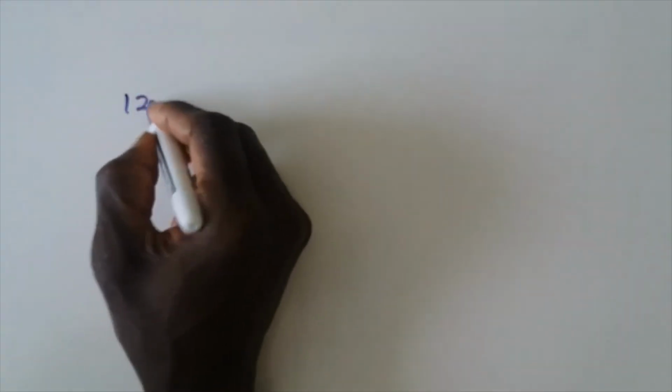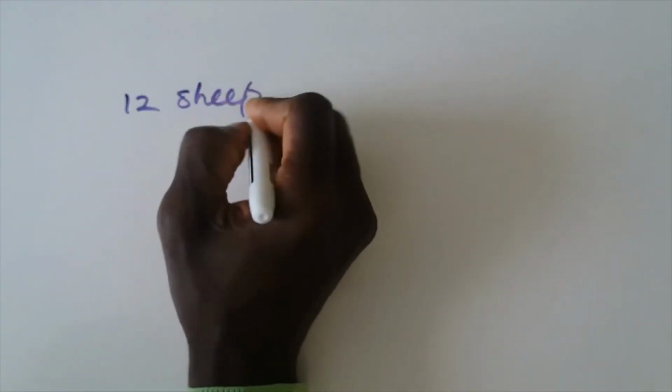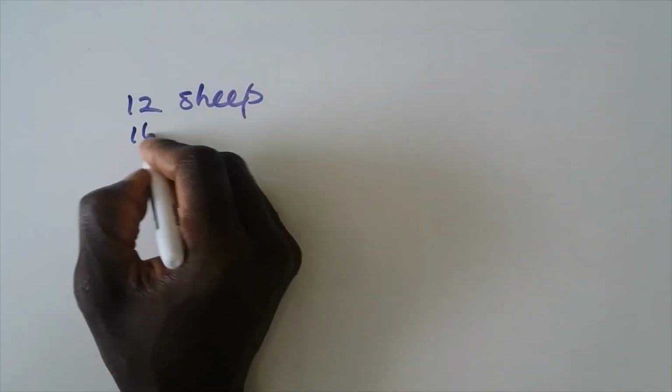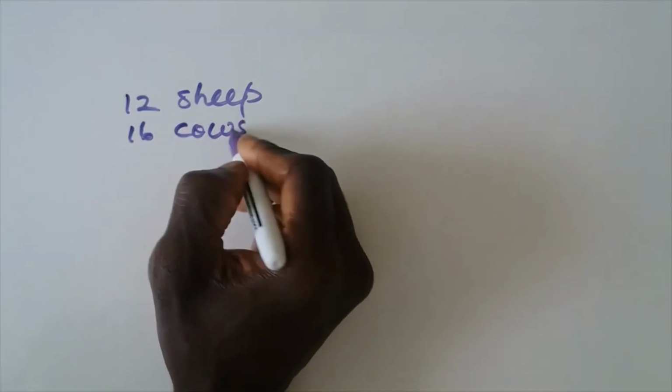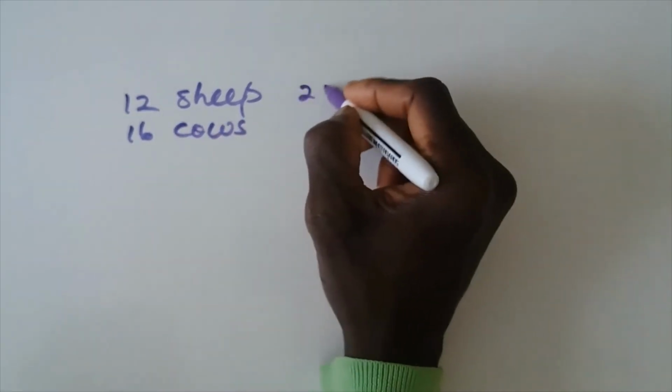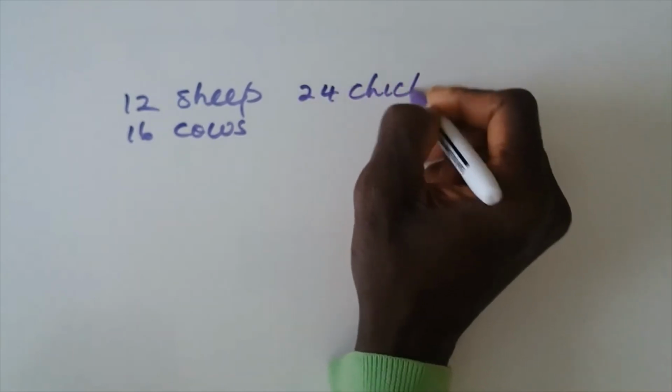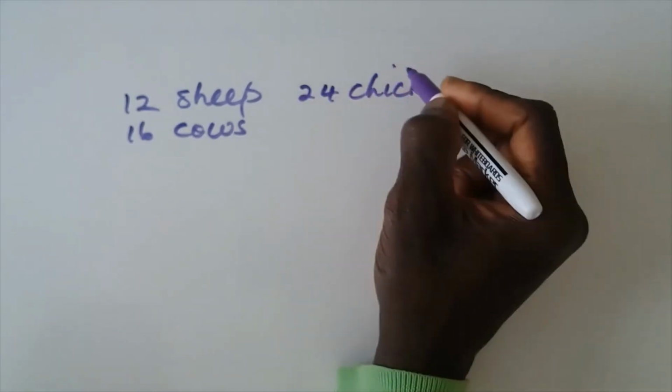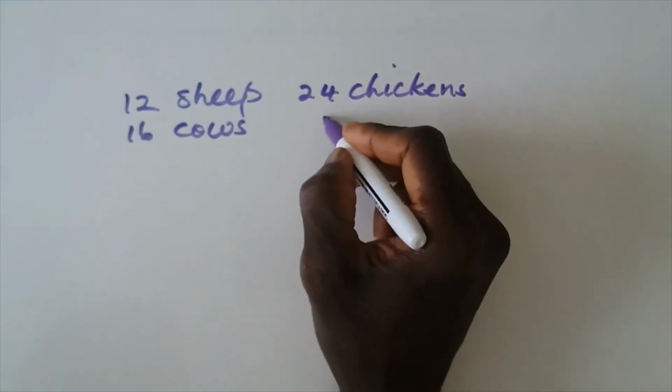And lastly, Mary keeps some animals on her farm. She has 12 sheep, 16 cows, 24 chickens, and 6 pigs.